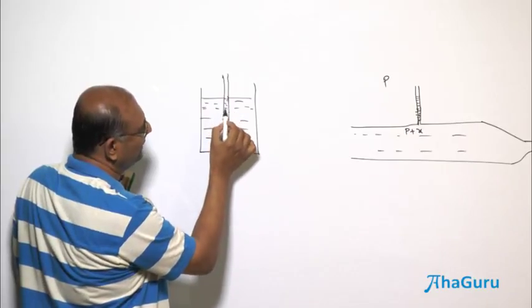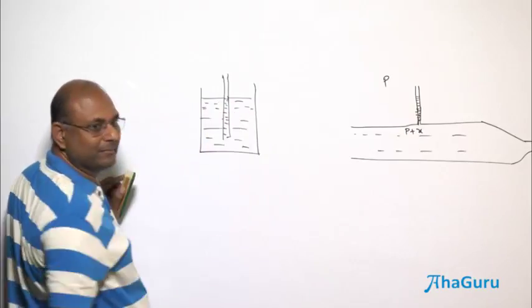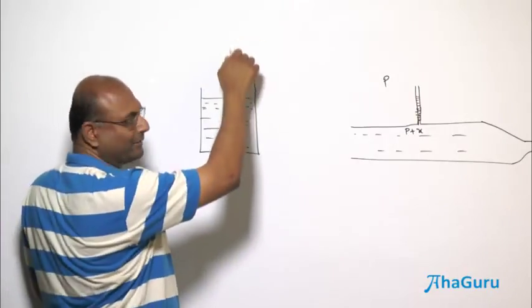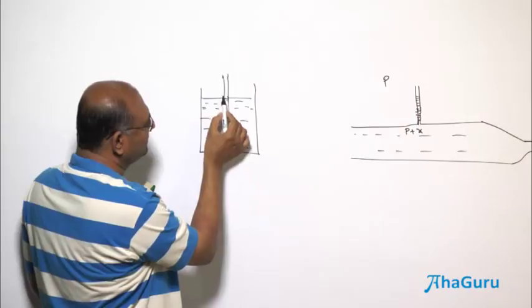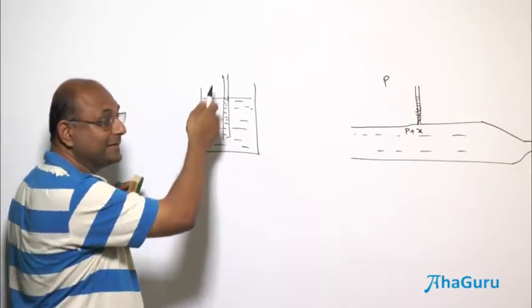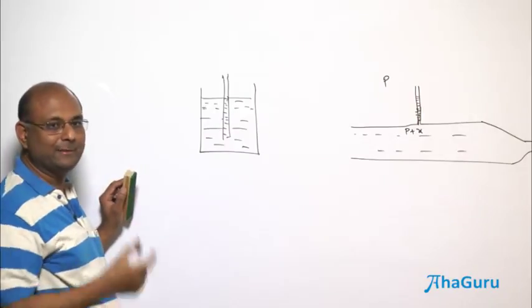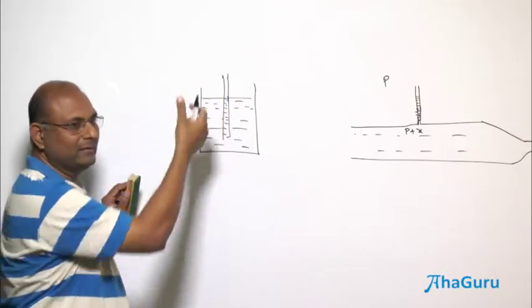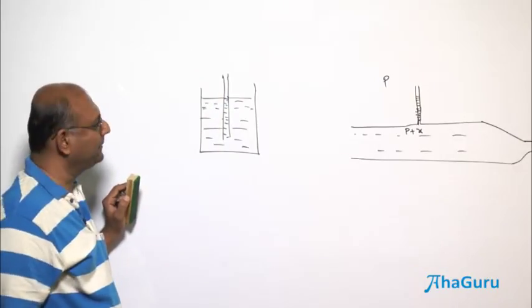Water will basically come to that level. Why? Because here you have atmospheric pressure and here you have atmospheric pressure, except for some small surface tension effect because of capillary action. It might rise up, it might not, depending on the size of the tube. Let us assume it was a reasonably large straw, so we will ignore that effect.